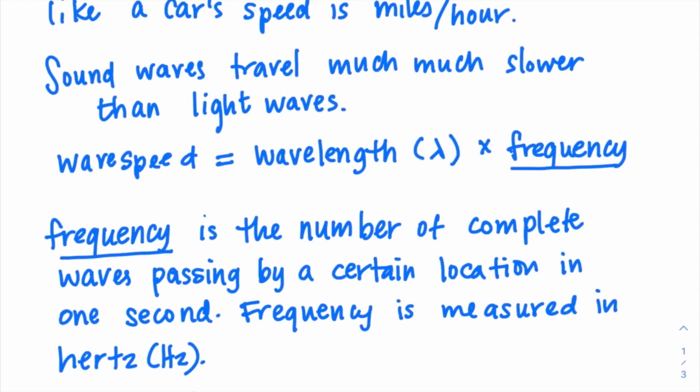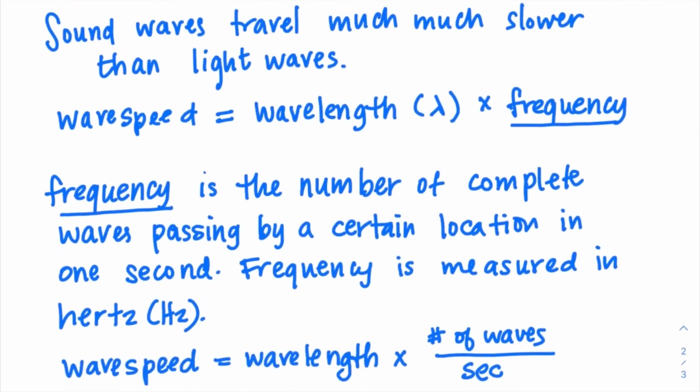That is named after Heinrich Hertz. It's a person who came up with this particular concept. So Hertz can be a confusing word, but it's just someone's last name. Now, wave speed is equal to wavelength multiplied by frequency, which is the number of waves per second.